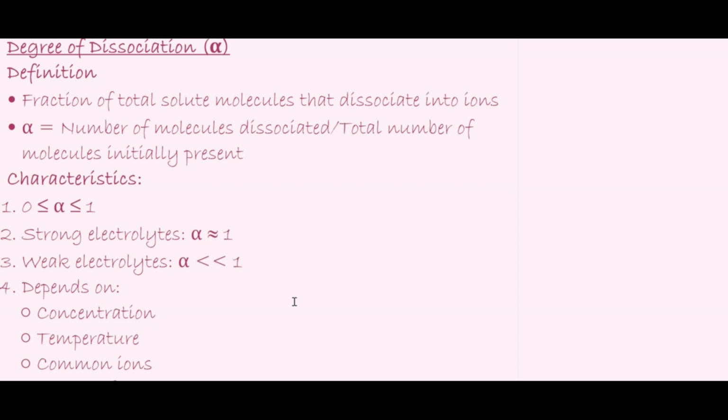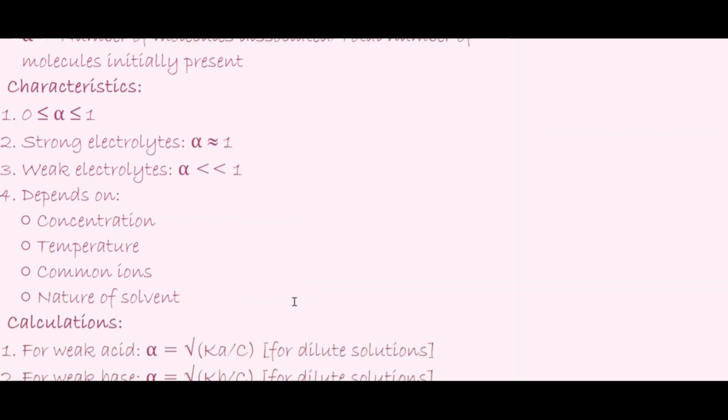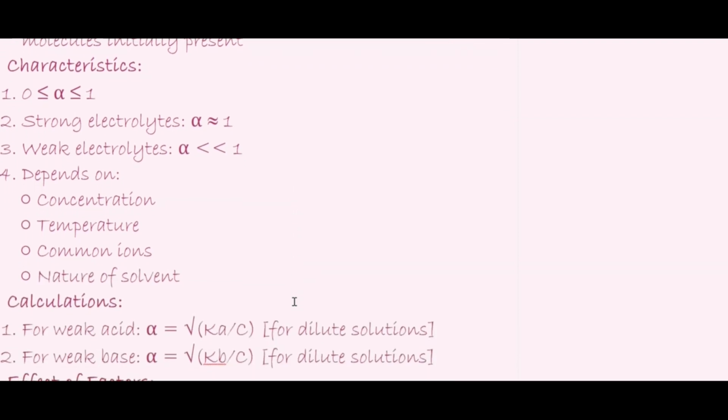Okay. So the degree of dissociation is greater than or equal to 0 but less than or equal to 1. 1 is the maximum number, right? So 100% is the maximum percentage. You can't get 101 or 200, right? In case of strong electrolytes, it is more or less 1 because they can easily get dissociated.